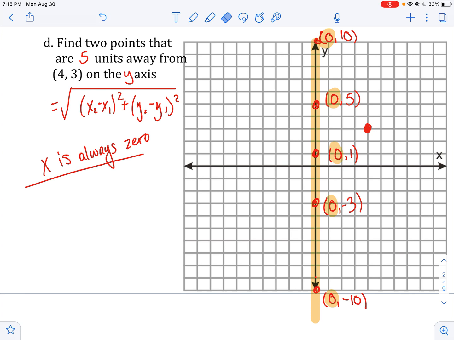Now let's fill in some of the things we know. We know distance is 5. We know x2 is 4. We know y2 is, actually, let me make that x1, y1.